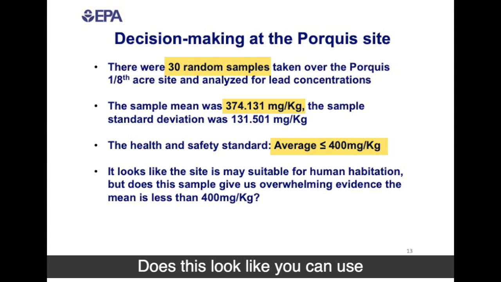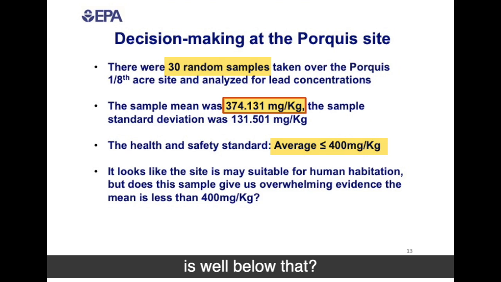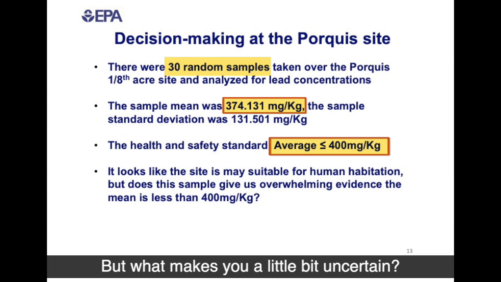Does this look like you can use this information to conclude that it's really less than 40? On the surface, does it look like that is well below that? It does, doesn't it? But what makes you a little bit uncertain?